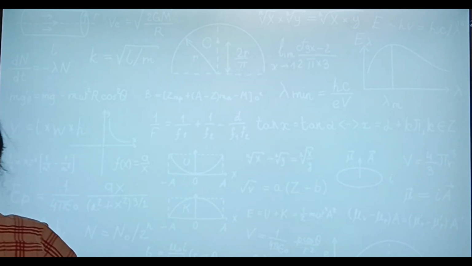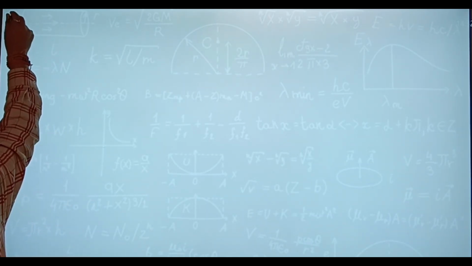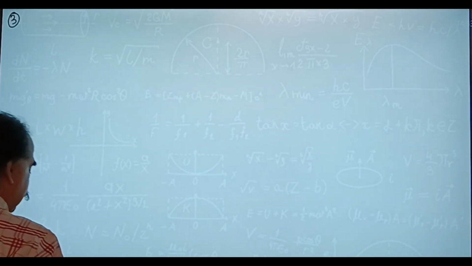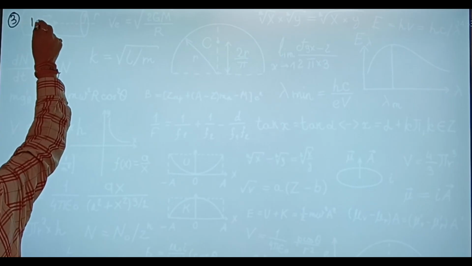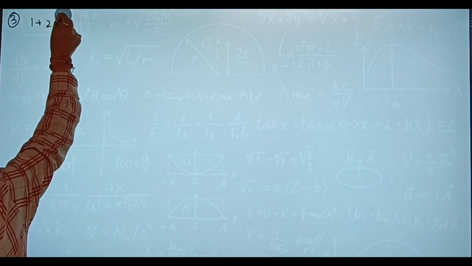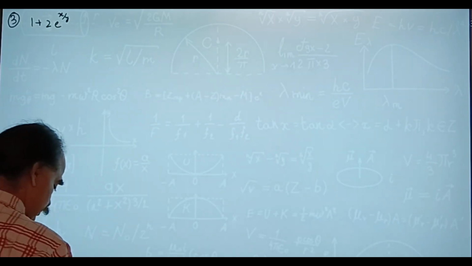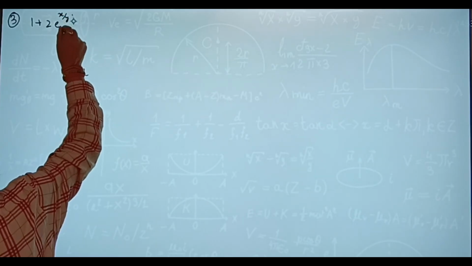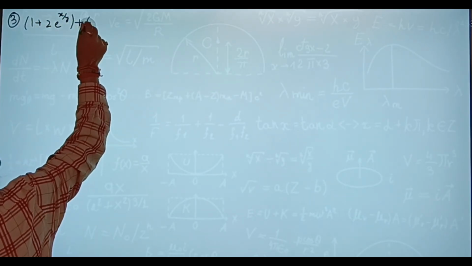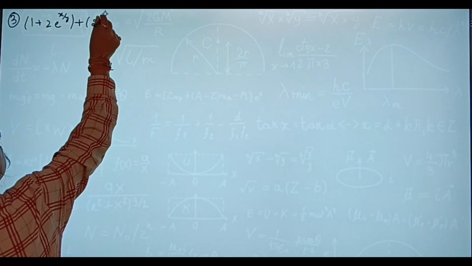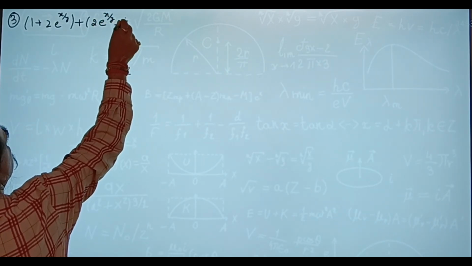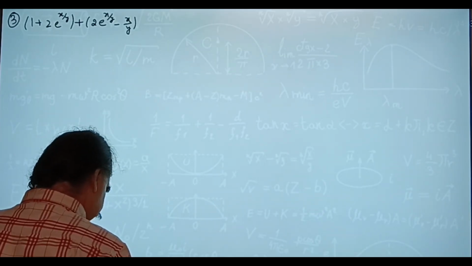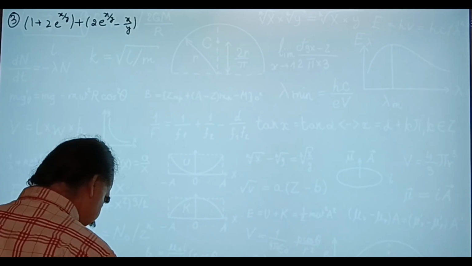Question number 3. (1 plus 2 e raised to x by y) dx plus 2 e raised to x by y (1 minus x by y) dy is equal to 0.